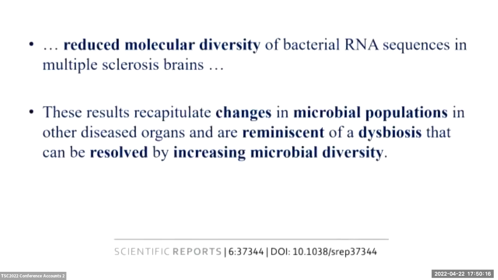In this case, there was a reduced molecular diversity of bacterial RNA sequences in brains of people with multiple sclerosis. As these authors wrote, these results resemble changes in microbial populations in other diseased organs and are reminiscent of a dysbiosis that can be resolved by increasing microbial diversity.